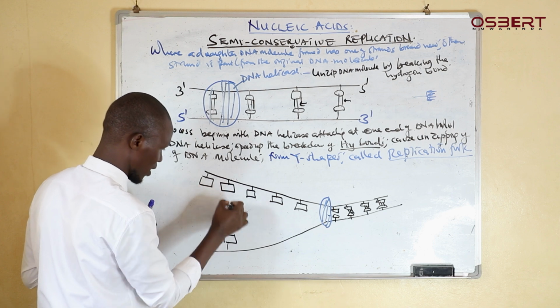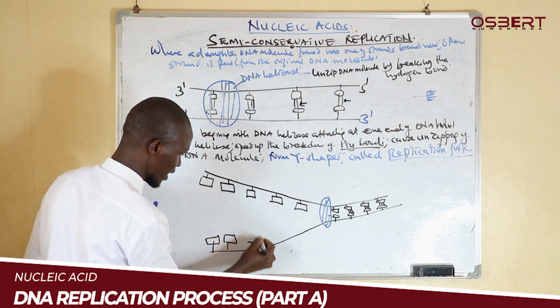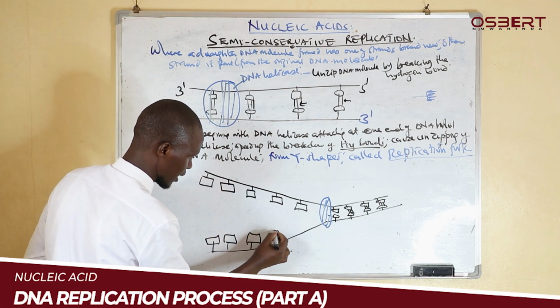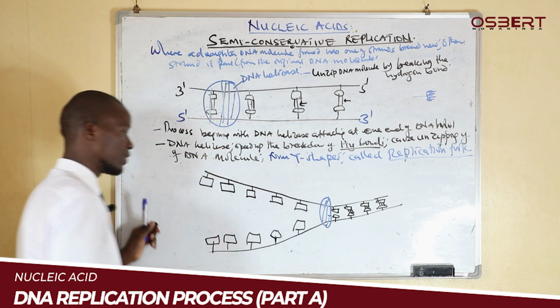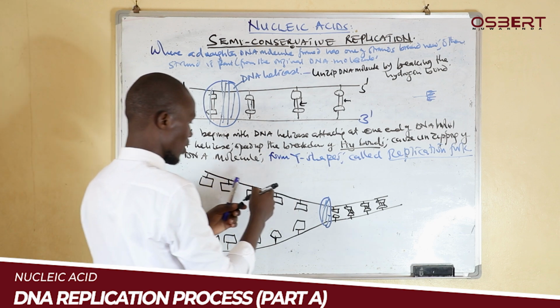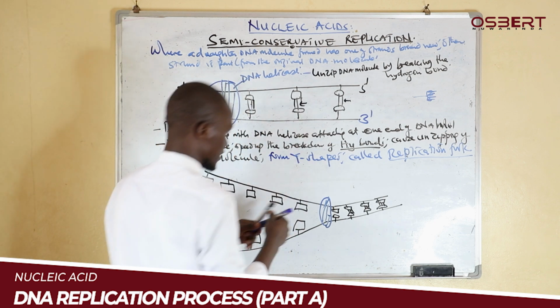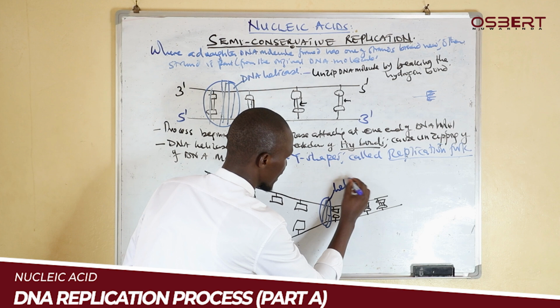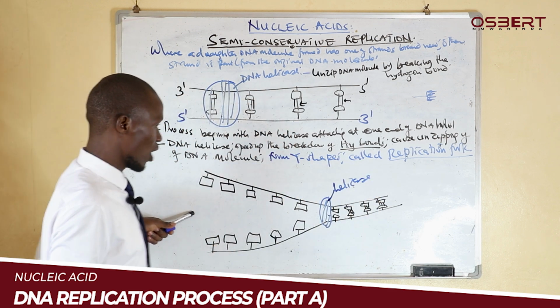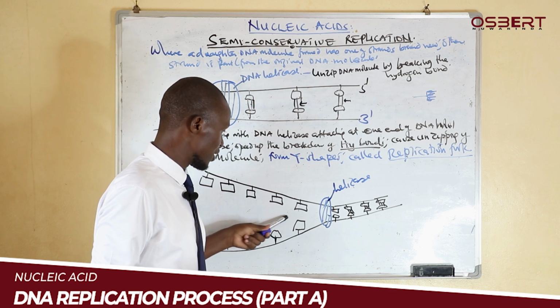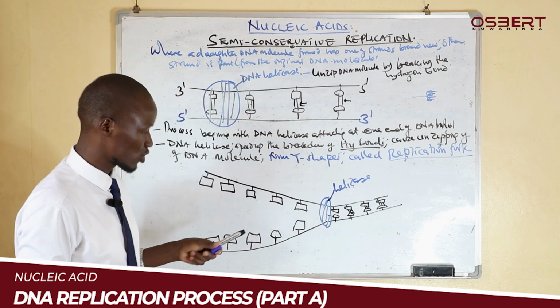Remember, each of these was attached down here. These are all the bases whose hydrogen bonds have been broken down by this DNA helicase, which was holding these bases together for the two strands.